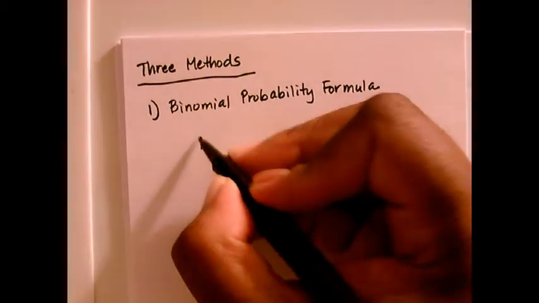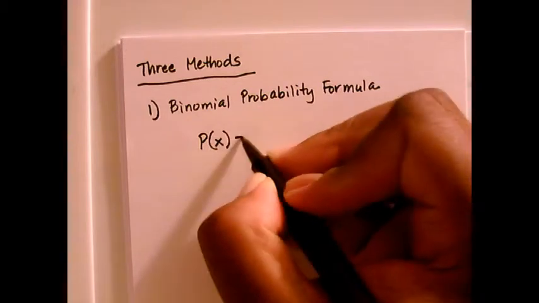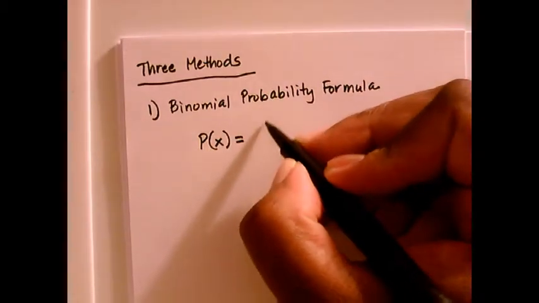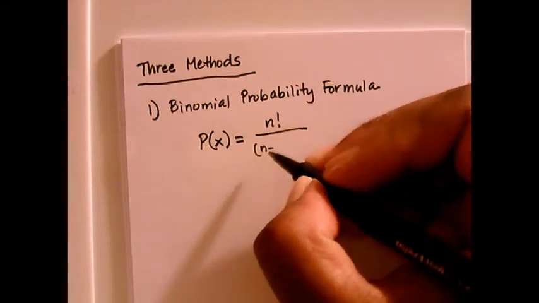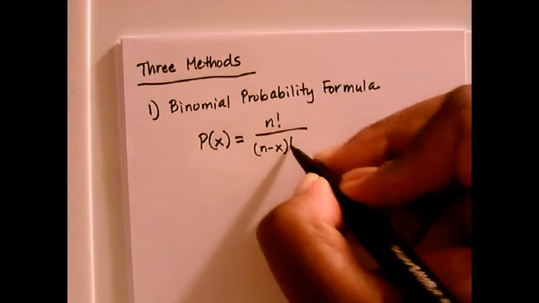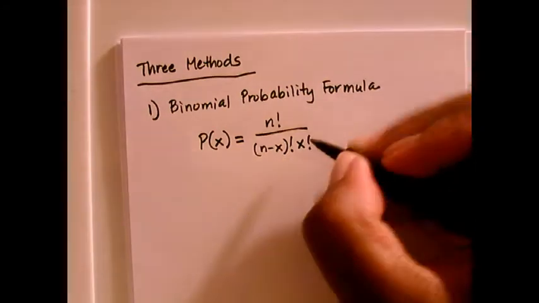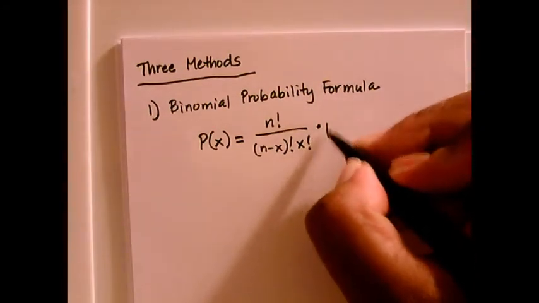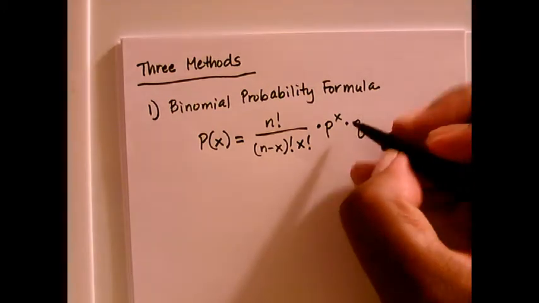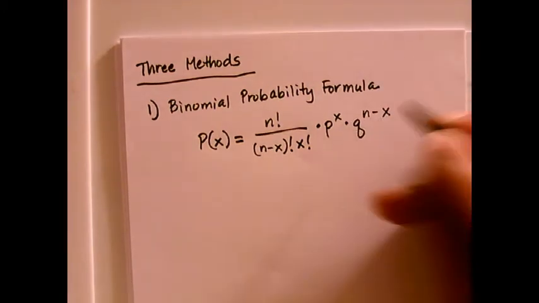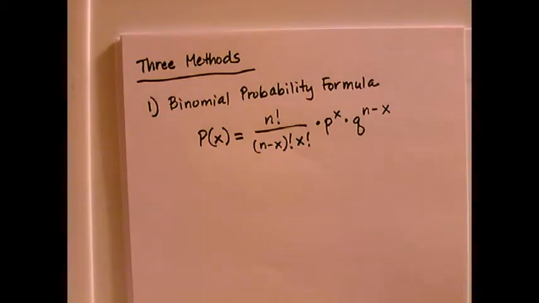Okay, and we use this binomial probability formula, which is going to be P of x is equal to n factorial divided by n minus x factorial times x factorial, and that's going to be multiplied by p to the x times q to the n minus x. Okay, now I need to explain what each one of these variables mean.